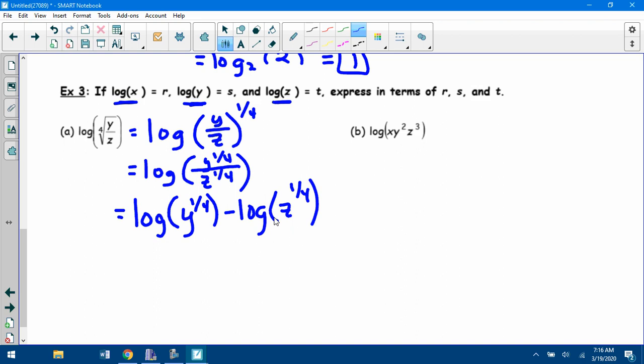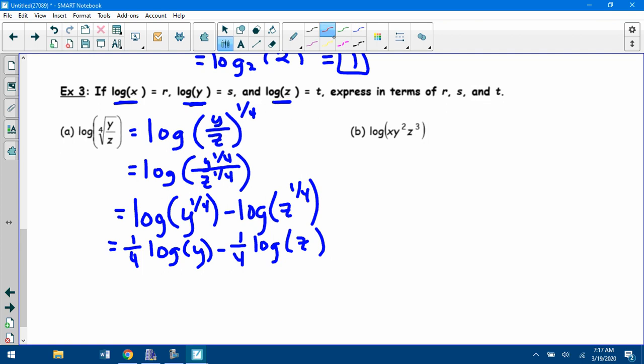And that's not fully expanded yet. The mistake is some people are going to say this is s to the 1/4, t to the 1/4, but we can't sub in these r, s, and t's until it's just log x, just log y, and just log z. So you've got to expand one more step. Make this 1/4 log y minus 1/4 log z.